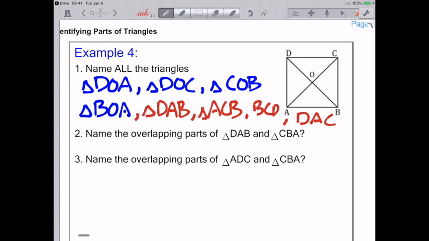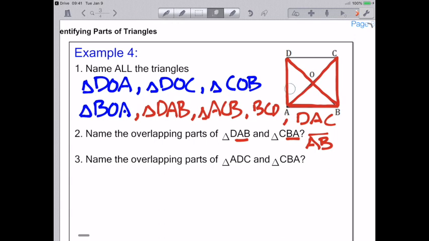That'll be very important when we have to prove that two triangles are congruent, because we will know that they share two sides, which means those two sides are congruent to one another. So we want to find the overlap of DAB and CBA. Well, as you can see, they both share the letters A and B, so the overlapping part is segment AB.